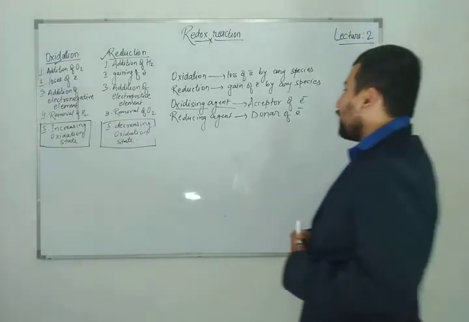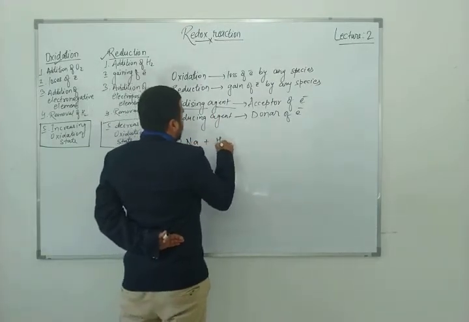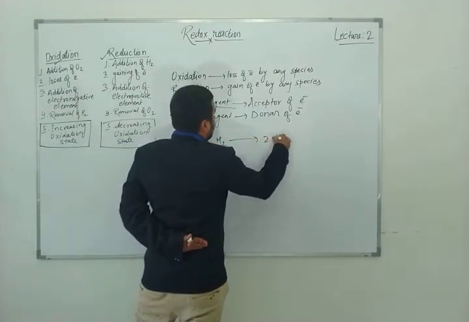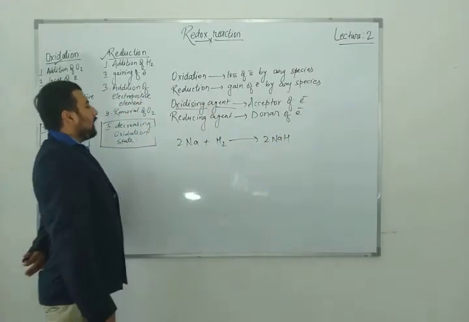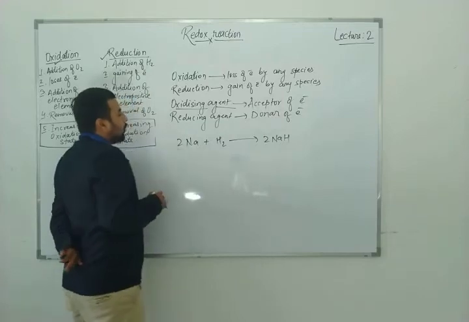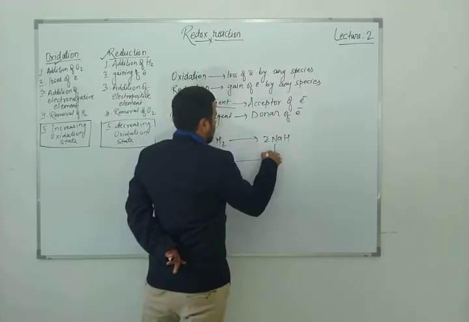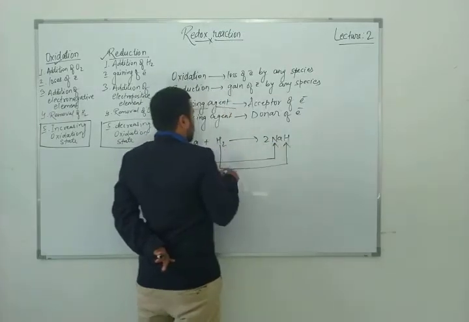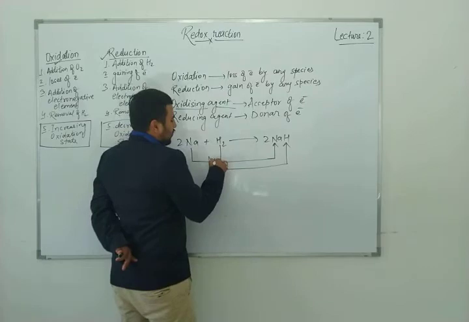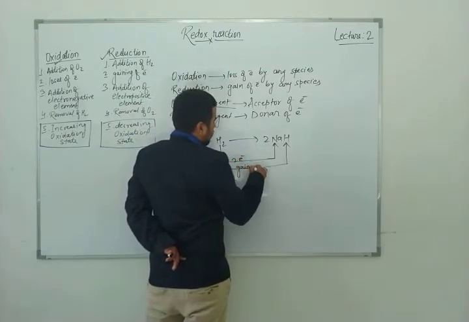2 sodium plus hydrogen gives 2 sodium hydride. So as already I had informed you, here sodium has loss of 2 electrons and here there is gaining of 2 electrons.